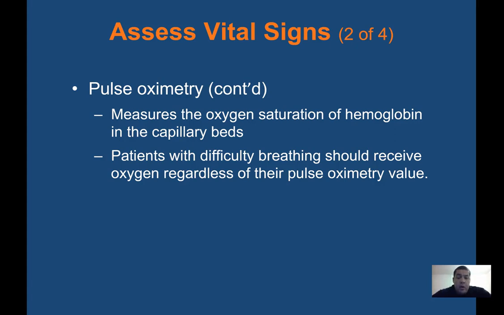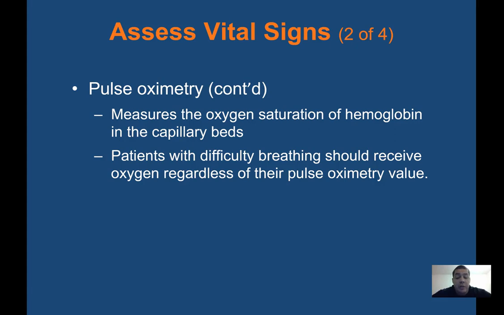Carbon monoxide combines with your hemoglobin about 264 times more than oxygen. So if you're bringing somebody out of a fire, say a male adult was in there and a fire broke out and he was in there for 10 minutes, and you put him on pulse oximetry and he's 100%, you're going to put that patient on oxygen because the carbon monoxide from the fire is probably the one reading off the pulse oximetry.